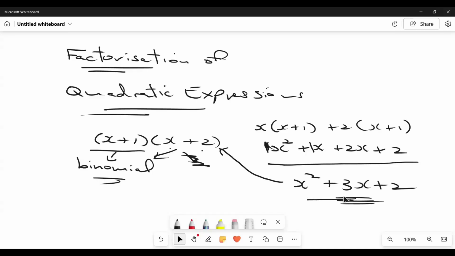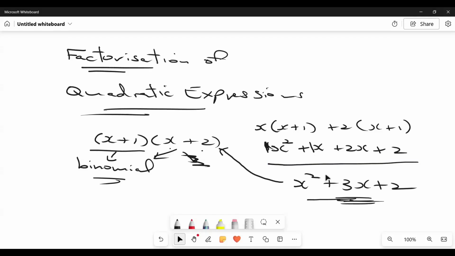So you're looking for two numbers that add to 3 and multiply to 2. The two numbers are 1 and 2. When you add them, you get 3. When you multiply them, you get 2. So you take this 3x and you split it into two terms, x plus 2x.